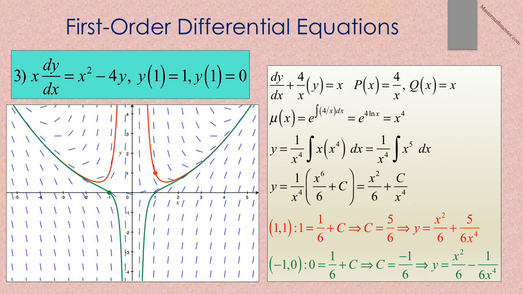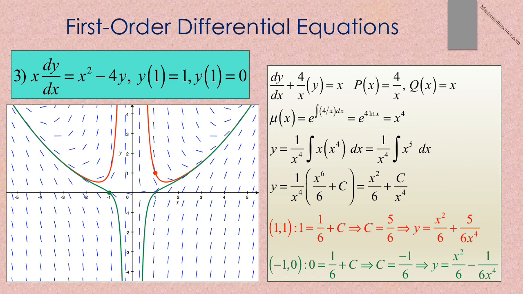For our particular solution, we first start off with the point (1, 1), shown in red. We use the fact that 1 is equal to 1/6 plus c, making c equal to 5/6. So our particular solution passing through (1, 1) is y is equal to x squared over 6 plus 5 over 6x to the 4th.